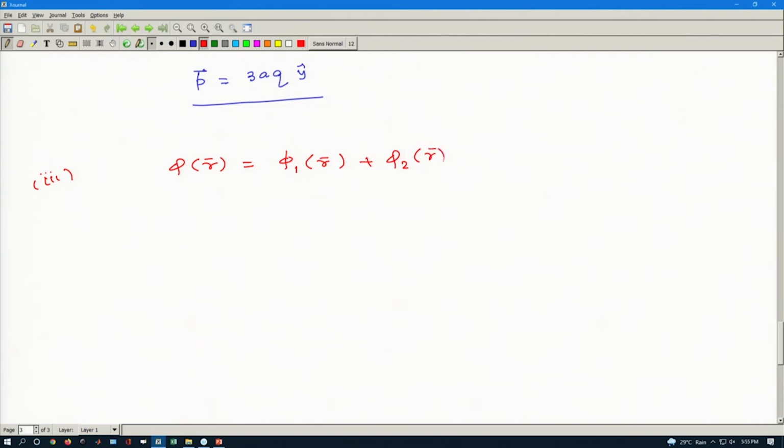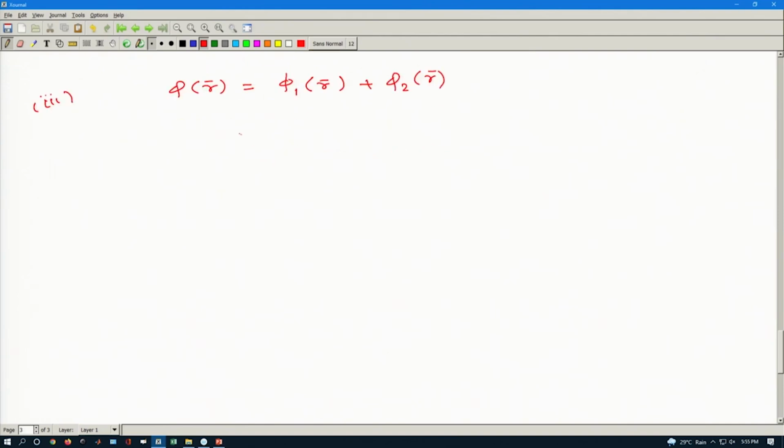I should not take all the higher order terms, so it is simply 1 by 4 pi epsilon 0 and then 1 by r, then integration rho r prime dv prime.